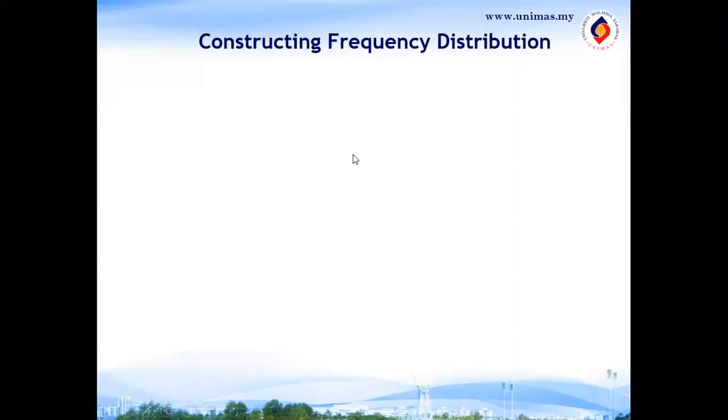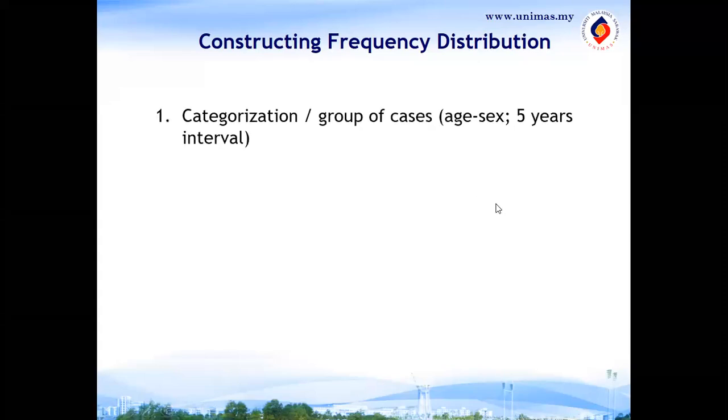Okay, so how do we construct the frequency distribution? First of all, kita perlu ada categories, ya, ataupun categorization. In other words, group of cases: age, sex, 5 years interval. That would be the way we categorize.